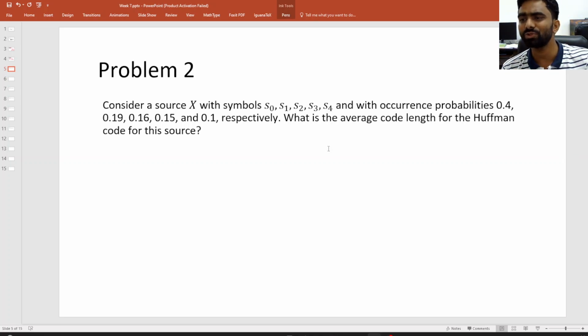What is the average code length for the Huffman code for this source? You have to find the Huffman code and the average code length. To find it, you have to find the Huffman code for each symbol, and I think you can easily find the average code length.